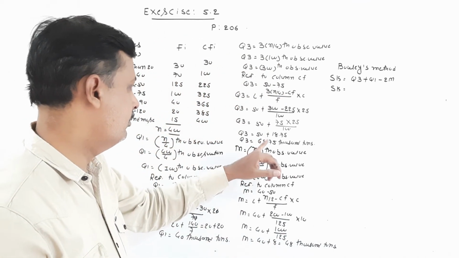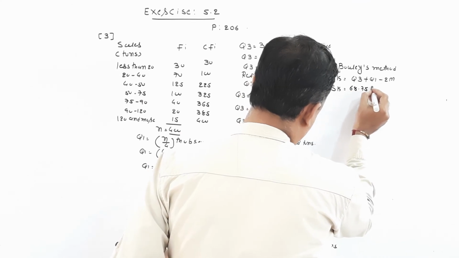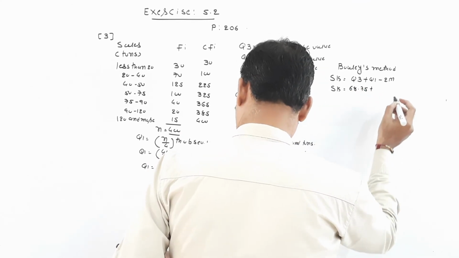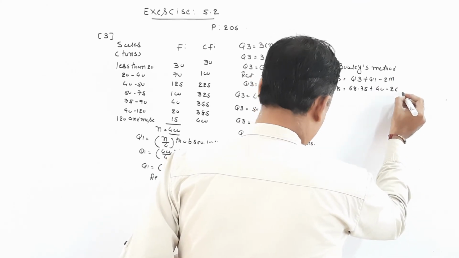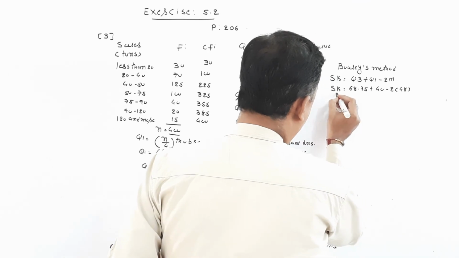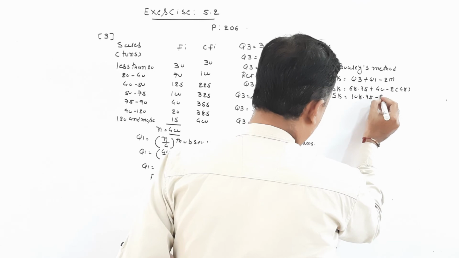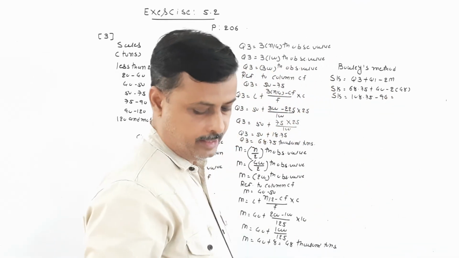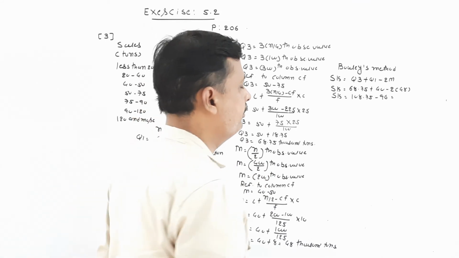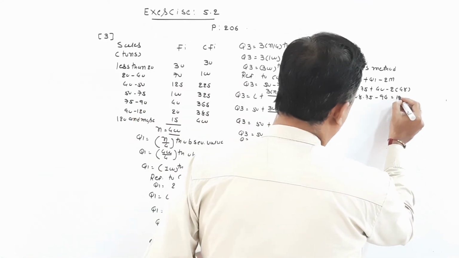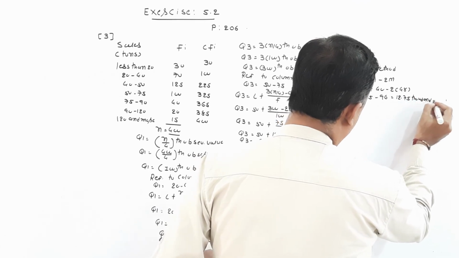Q3, that is 68.75. Q1 40 and 48. So 108.75 minus 96, that is 12.75 thousand tons.